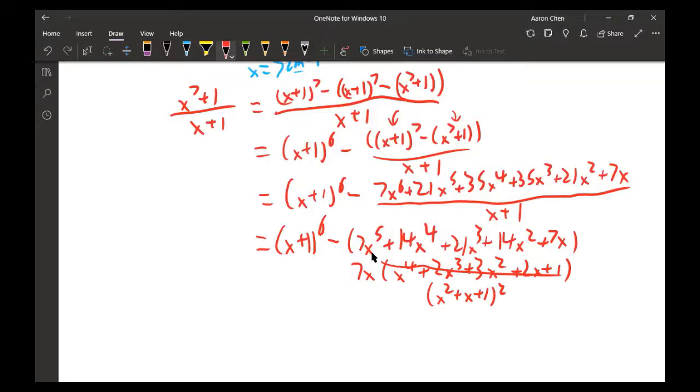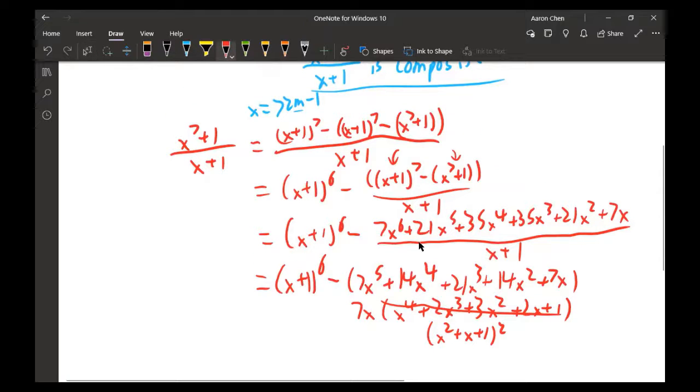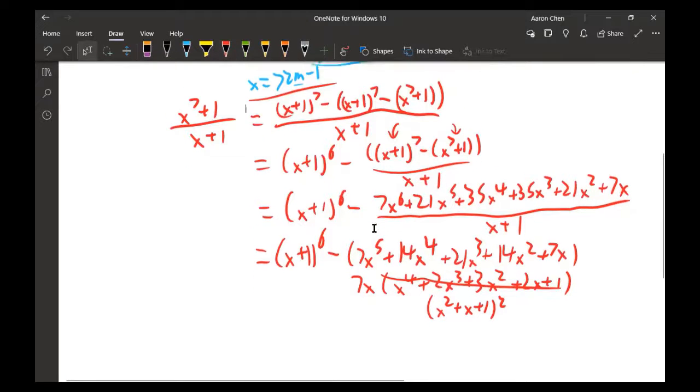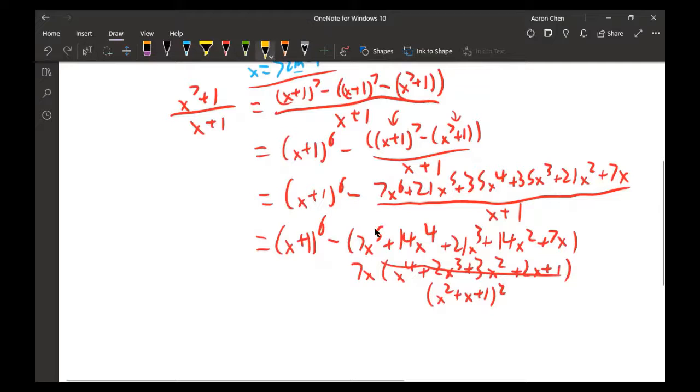And so now, since we had x in this form, we can substitute 7x with the term 7 to the power of 2m.